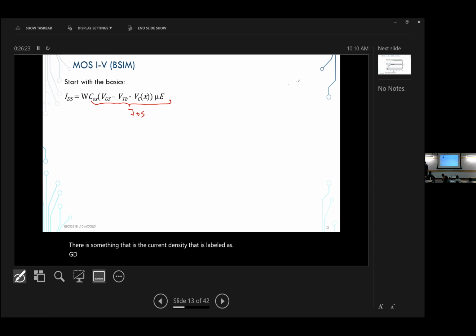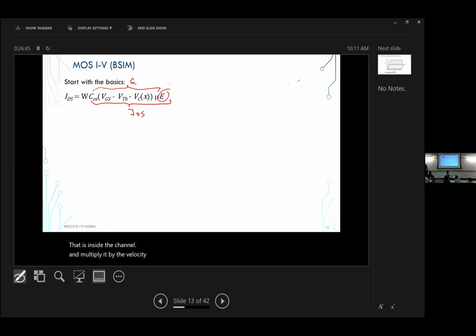By multiplying that JDS by the width of the device, we get the current. In order to get the current density, we find out the amount of charge that is inside the channel and multiply it by the velocity.